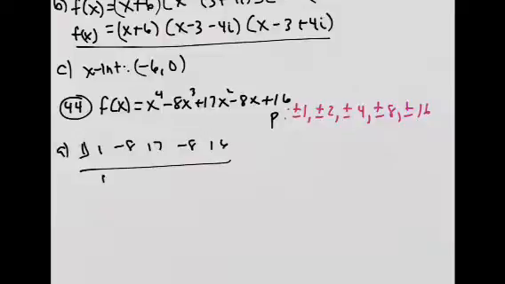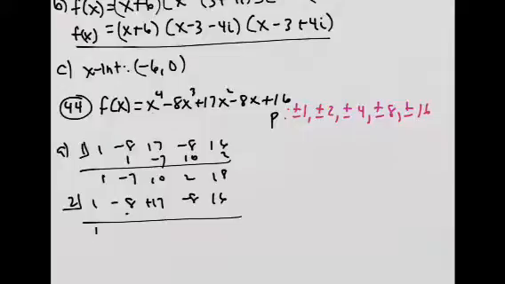You get 1, negative 7, 10, 2, and 18. I tried 2 and it didn't work either. Whoops, positive 17, sorry. So we bring down the 1, 2, negative 6, negative 12, 5, 10, 2, and 4.